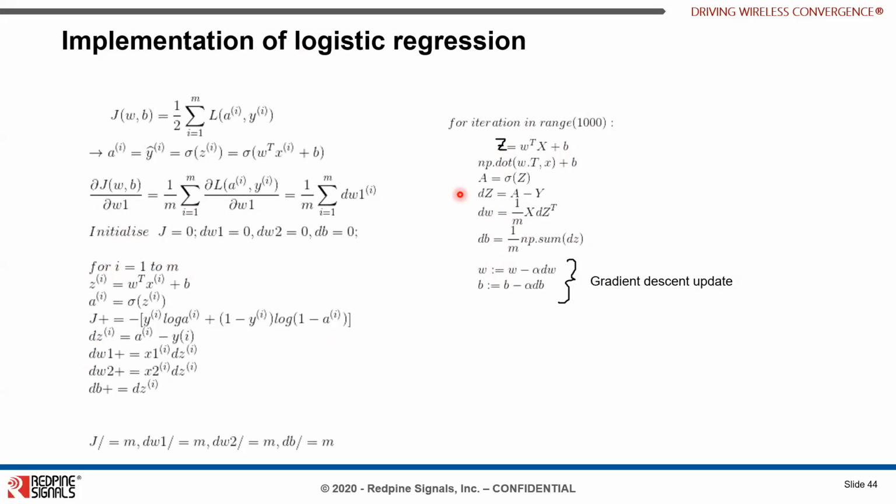Once you go through this, you will be able to understand, because starting from Z to A to dZ to dW to db, everything we have implemented here with the capital terms shows the vectorized representation. dZ, A, Y, all these are vectorized implementations. And after computing dW, with capital X and capital Z, db is np.sum(dZ), and finally after computing dW and db, we update the weights. This is the gradient descent update from this vectorized computation.